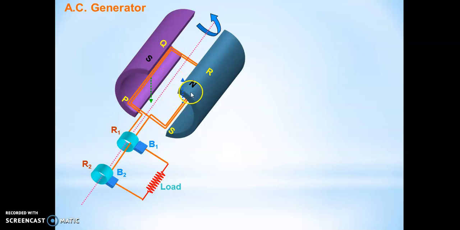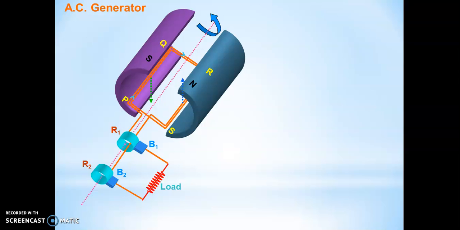These forces will again be equal and opposite, but since their line of action is not the same, they tend to produce a couple. A couple produces a kind of torque, and due to this torque, this coil will rotate in the magnetic field.